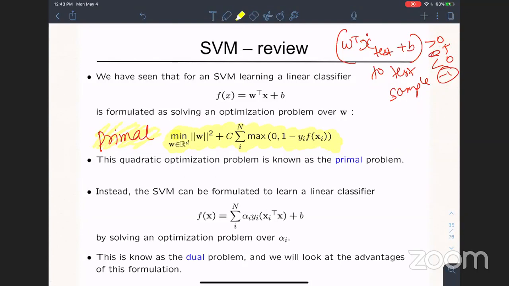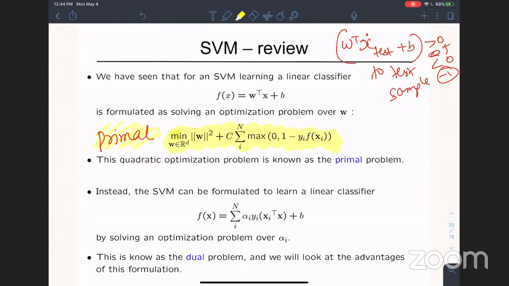There are 2 ways of modeling SVM. One is a primal form, which is in terms of W. There is a dual form, which is in terms of the importance of a point as a support vector.